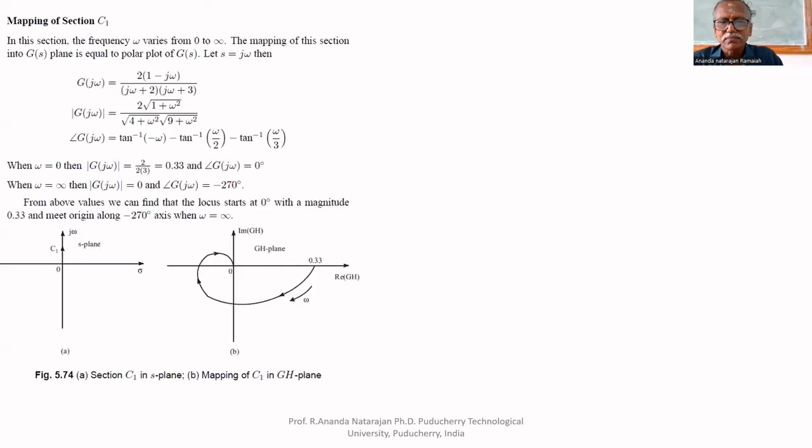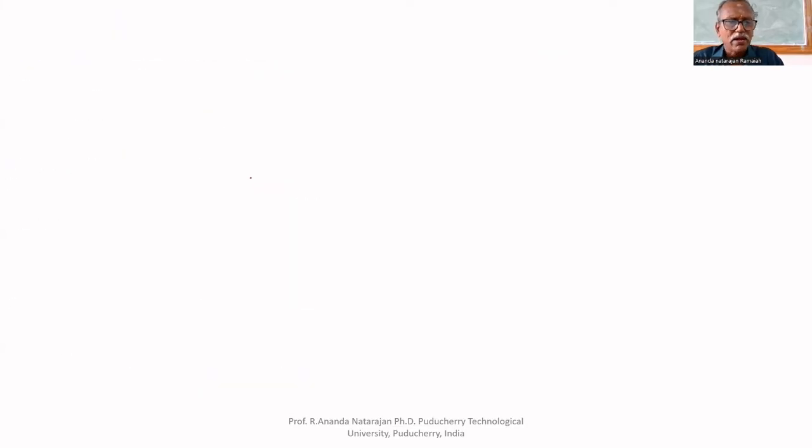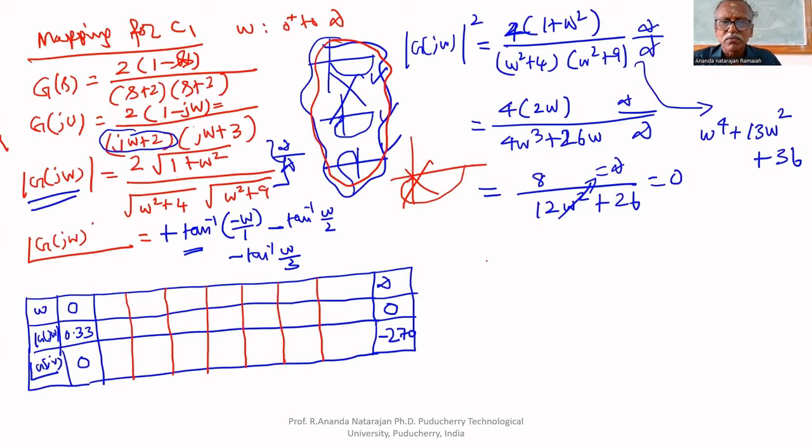Let us copy from there. Before finding some values, you find them yourself: 1, 2, 3, 10, 100, 1000, 1500, like that. Before that, we have to find where it crosses the negative real axis.